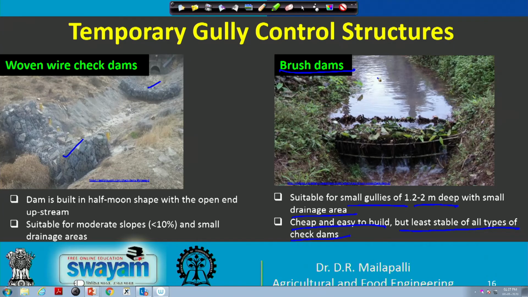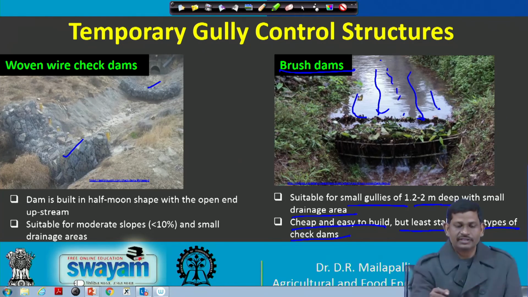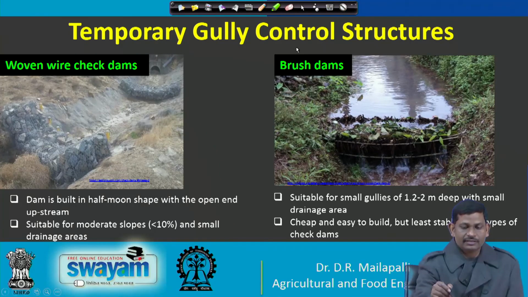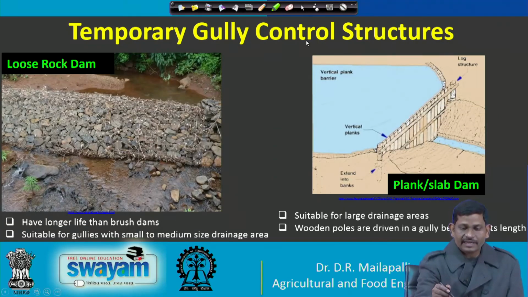This is basically going to reduce the water flow by providing these partial dams like brush dams. So, you can reduce the velocity of flow, and the sediment will be deposited here. So, this is brush dams, and then the next is the loose rock dam.